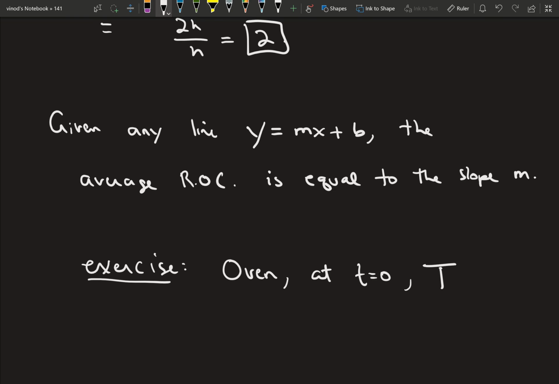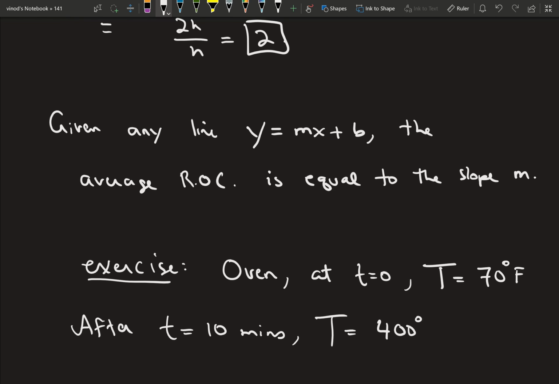The temperature we're going to denote by capital T. The temperature is 70 degrees Fahrenheit at time 0. And let's say after 10 minutes, so time here, little t, is in minutes, after t = 10 minutes, the temperature is 400 degrees Fahrenheit.